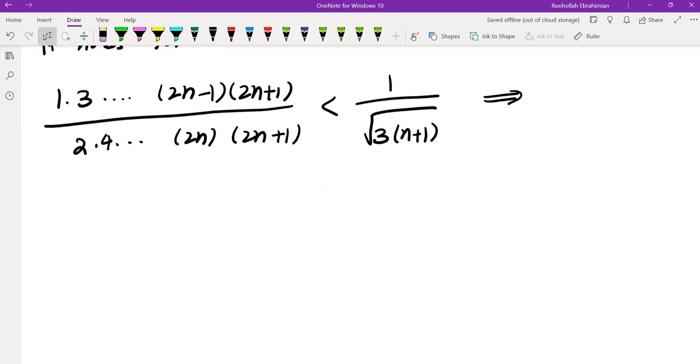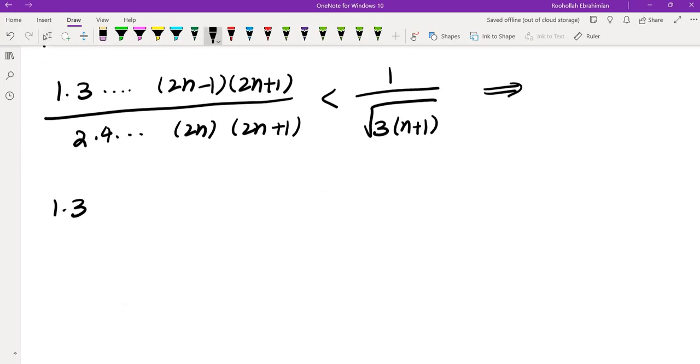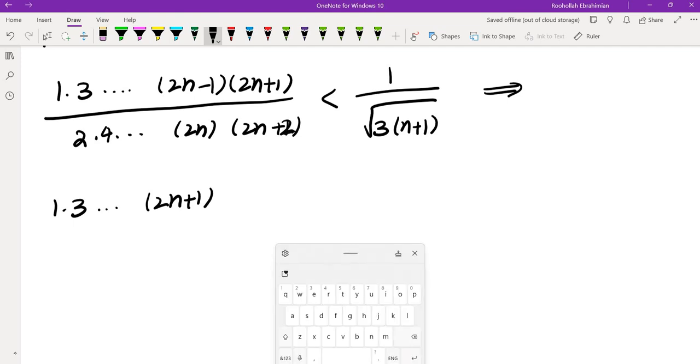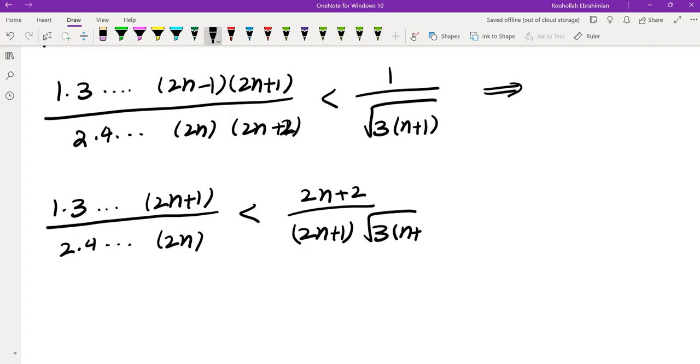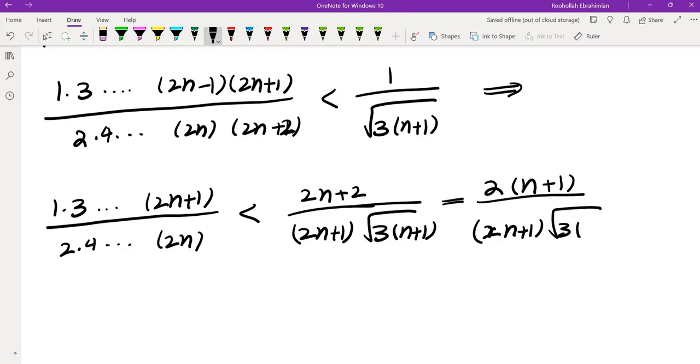So let's see. We're going to multiply both sides by 2n plus 2. We're going to create the case of n. So we're going to multiply by 2n plus 2 and divide by 2n plus 1. So we know this inequality. We are going to factor 2 on top. We're going to get 2n plus 1, root 3n plus 1.